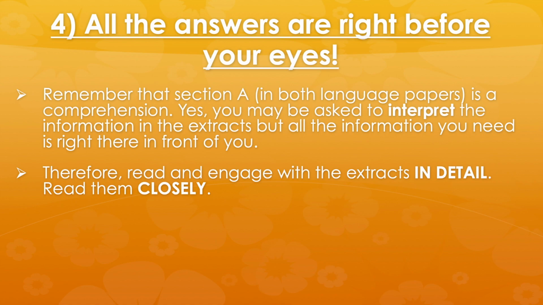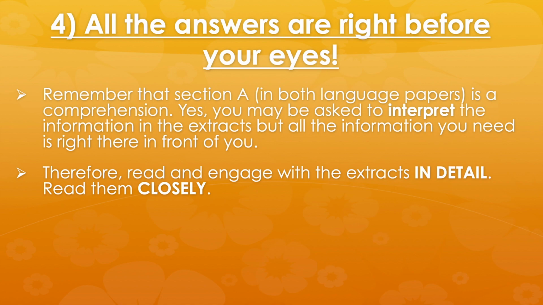So what you need to do, and the biggest mistake probably, apart from timing issues, which we've addressed, the biggest mistake that students make in this section of this exam, is not engaging with the extract in detail, not reading closely enough, letting your eyes just slide over the words instead of really thinking, what does that mean?